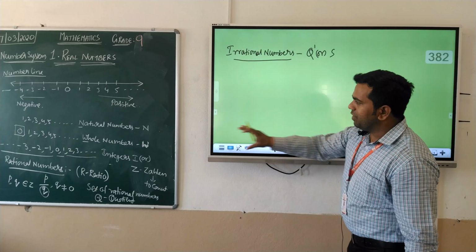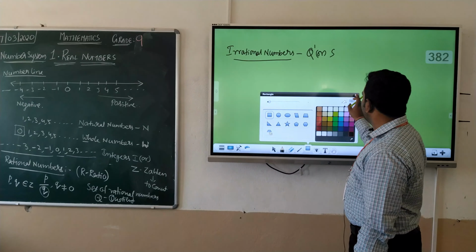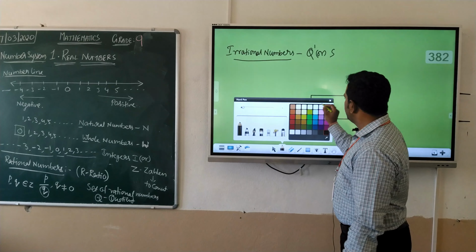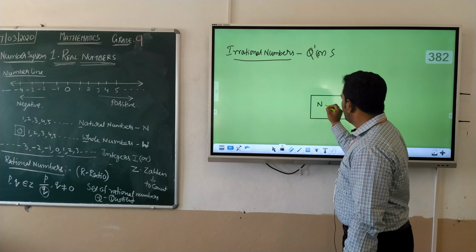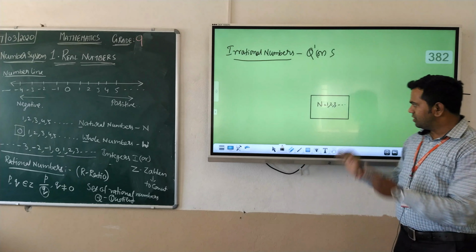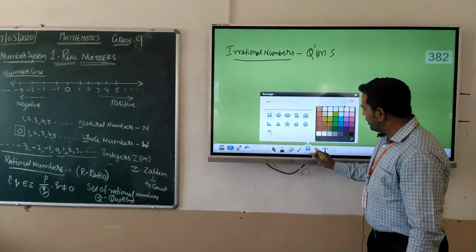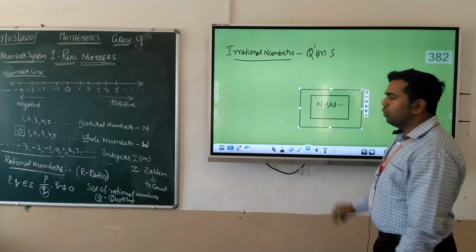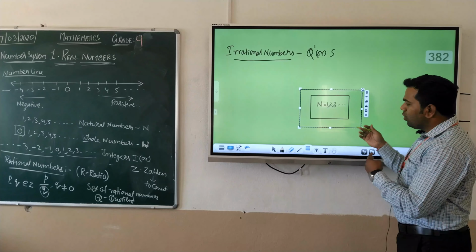Okay, if I take the set of natural numbers, which are 1, 2, 3, the positive values, as one box, these natural numbers are all whole numbers. Why? Because what are whole numbers?